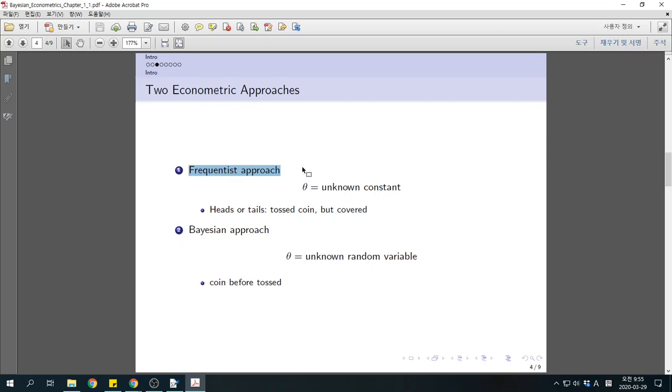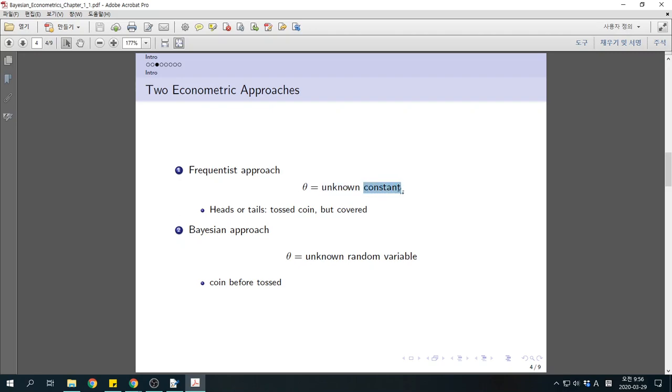In that class you learned that theta is an unknown constant, which is very important. We don't know what theta is. We have no idea what values the theta should have, right? It's unknown, but it's constant.